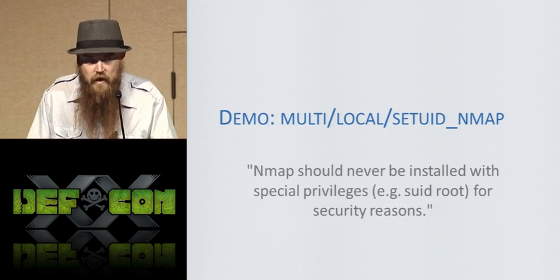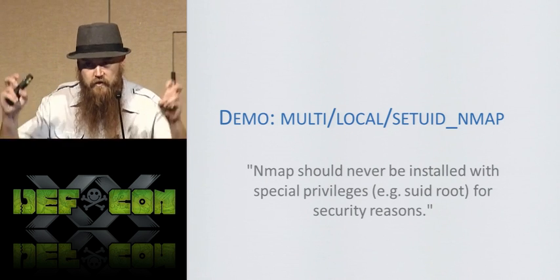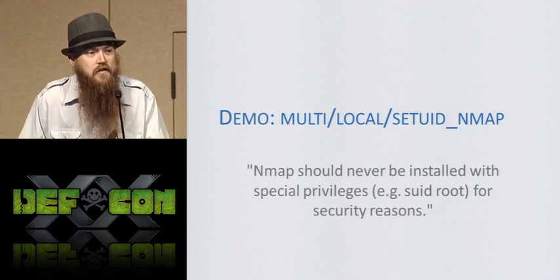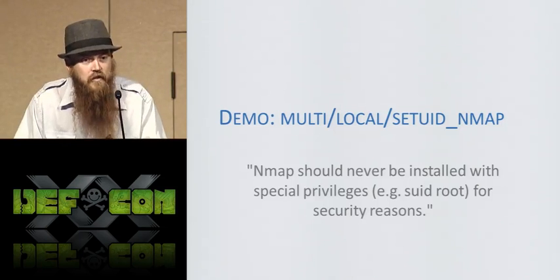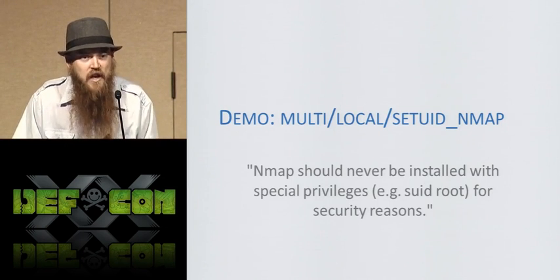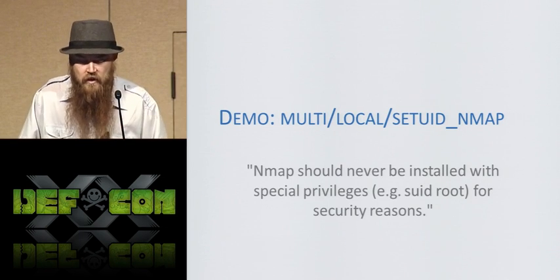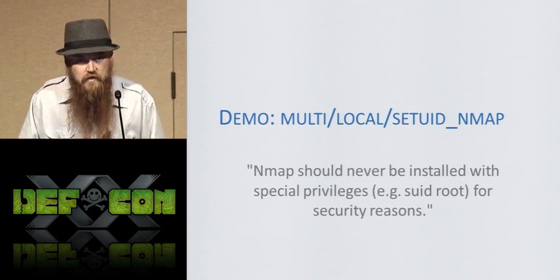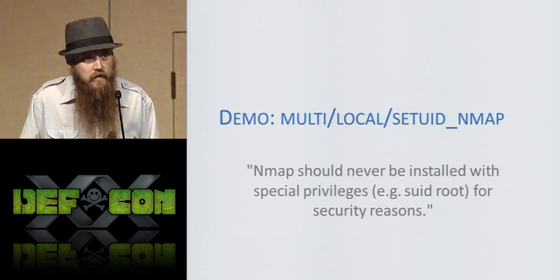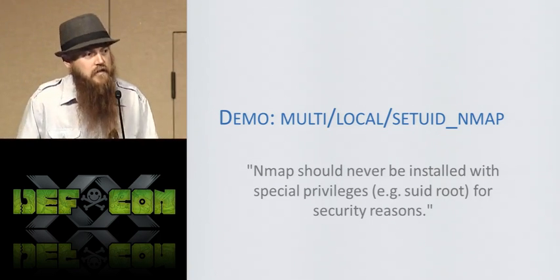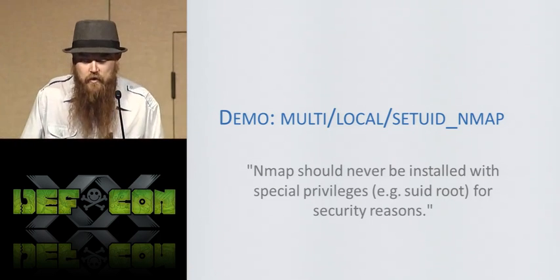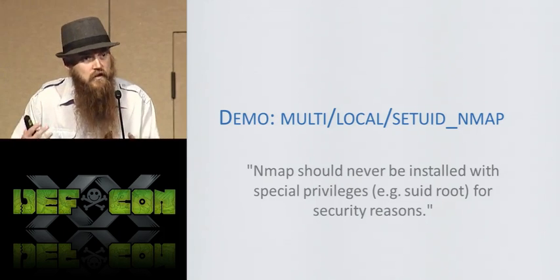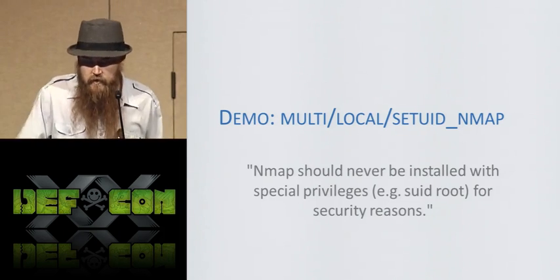So I looked into what security reasons actually means, and it turns out there used to be an option called --interactive, and you can just pipe shell commands to it and you win. So they took that out a while back at about the same time that they added NSE scripts. So now you can just write an NSE script that pipes out to shell commands and you win.